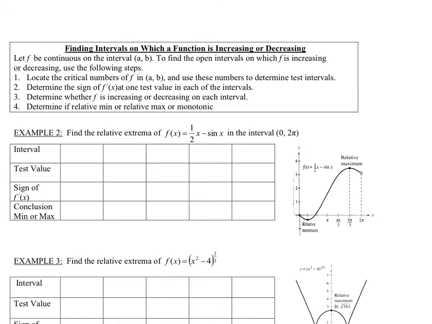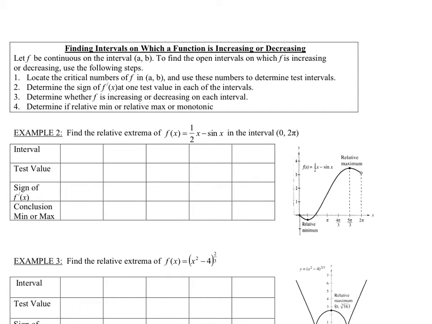Alright, so what we're going to do here is find the relative extrema of f of x equals 1/2 x minus sine x in the interval from 0 to 2 pi. You can see their answers there already, but let's look at how we would do this.